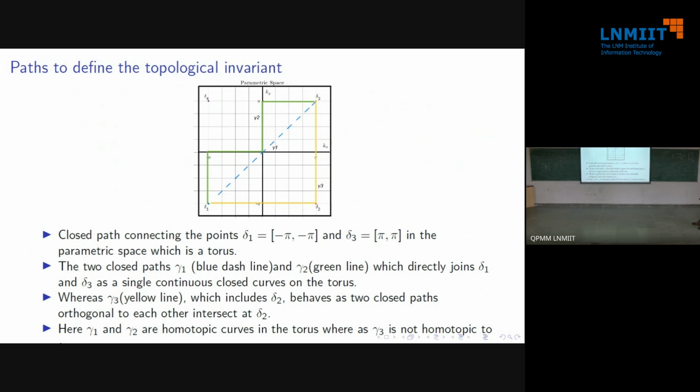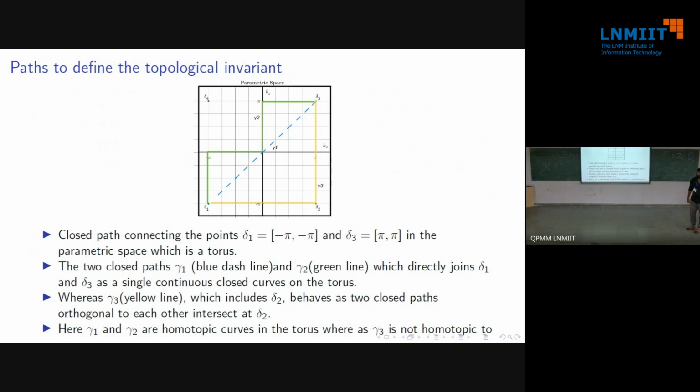And if I try to take this path from delta 1 to delta 3, it's a diagonal path, where in Deeptiman Sen's paper, he used this diagonal path to define a diagonal winding number. So what we carefully observed is we can continuously transform this green path to this blue one, but we cannot continuously transform this yellow one to the blue one.